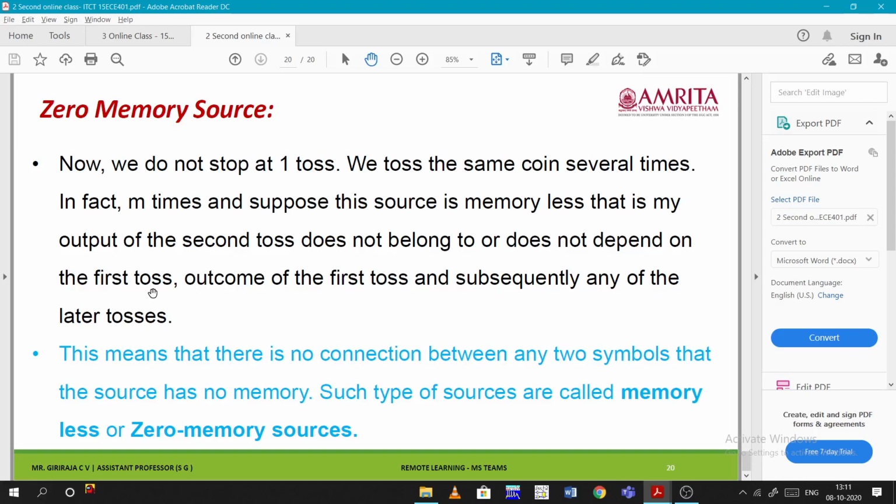It need not remember the sequence; whatever it gets, it just randomly gives. That is why it is called a zero memory source, or memoryless source.